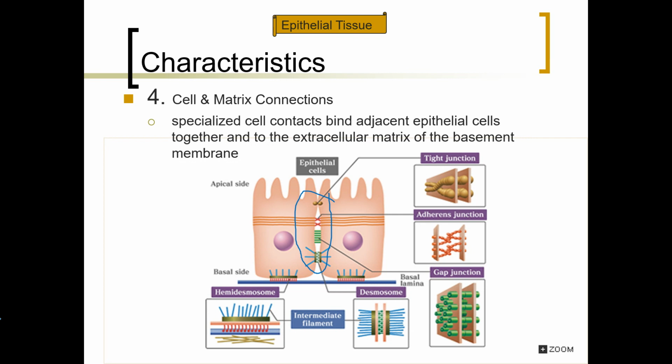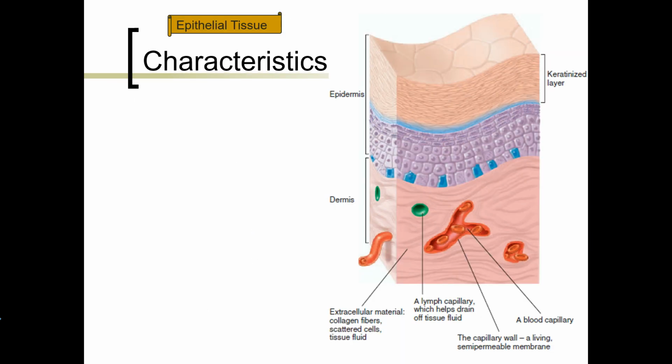The dead skin will come off as a whole sheet or a layer, not just individual cells like it normally does. But when there's an injury there, it'll peel off in a sheet. The ability of epithelial tissue to do that is because of these cell-cell connections that are formed that literally attach one cell to another cell.